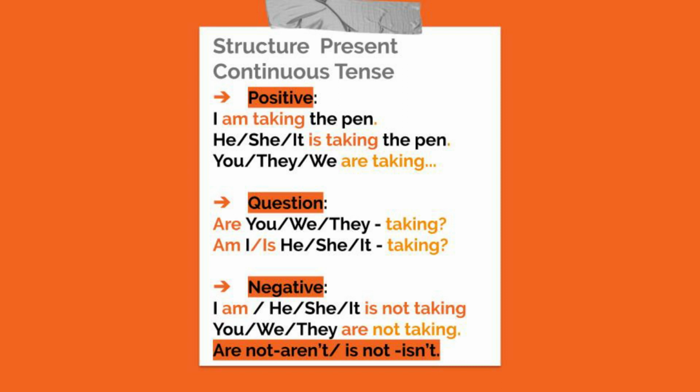Take, the spelling is take, but when it takes ing, the e is omitted and it becomes taking. But no difference in the pronunciation. Take, taking. Right? Now let's look at the next slide, which is going to talk about some of the verbs that we must keep in mind, which do not go in present continuous tense. Okay? Let's look at the slide.